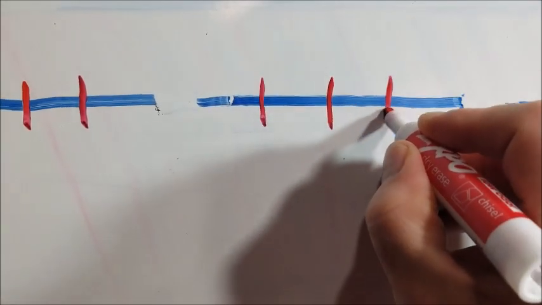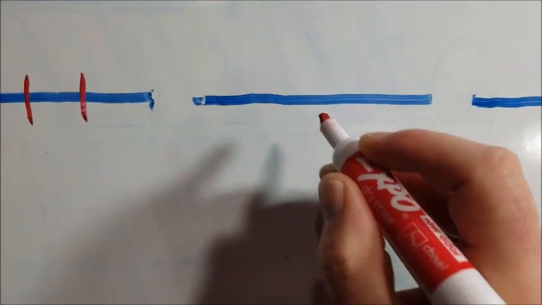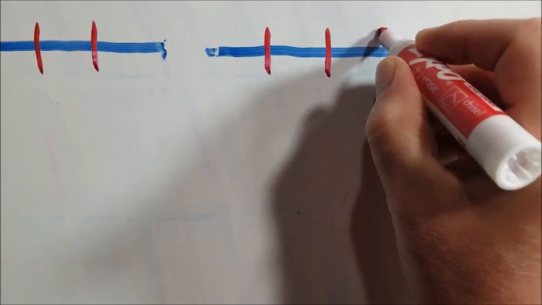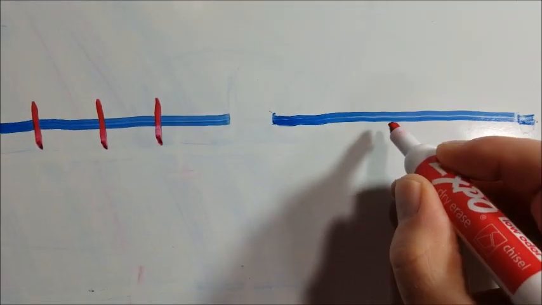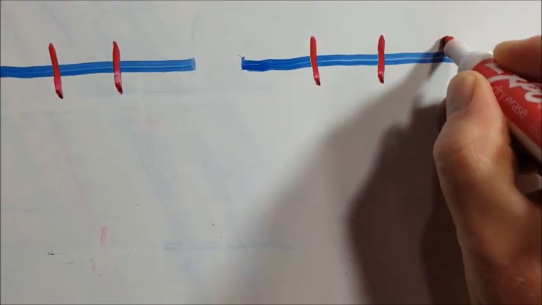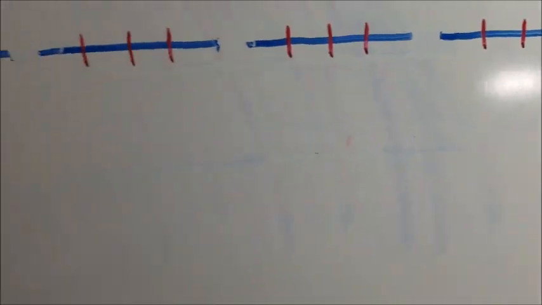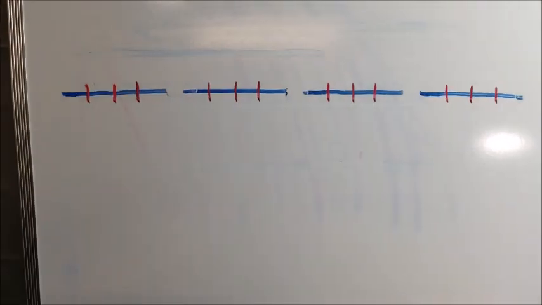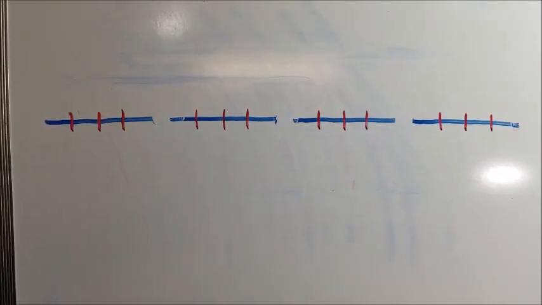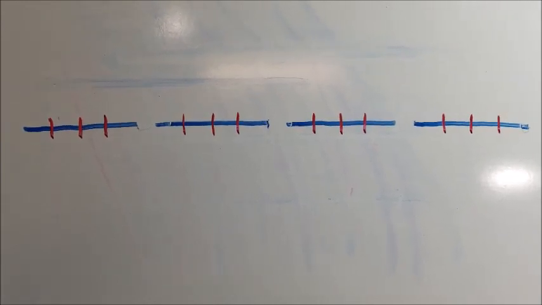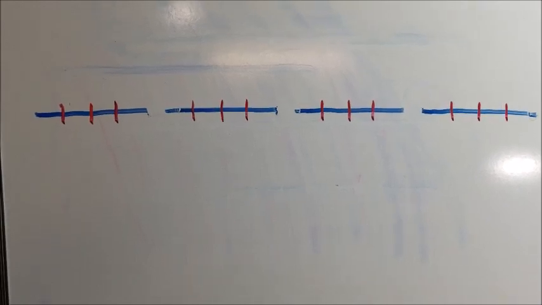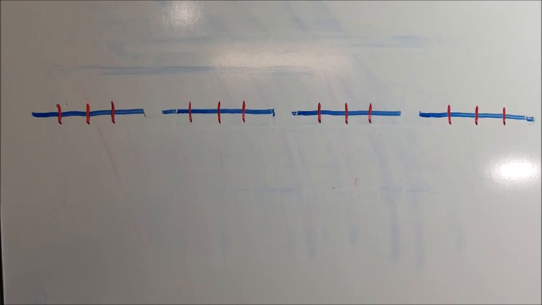And boys and girls, they're equal pieces. Now I'm going to make 4 pieces here, and then 4 pieces here. So I just took my 4 whole items and divided them into fourths each.